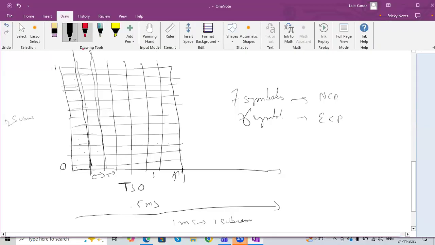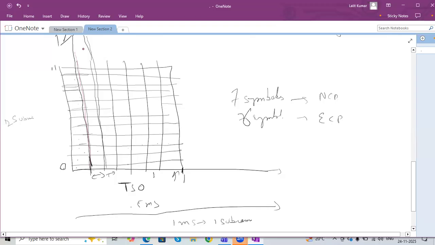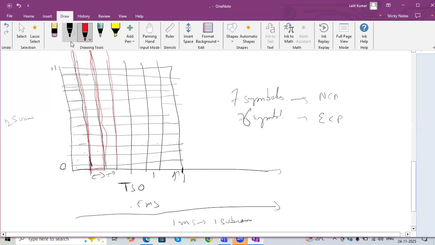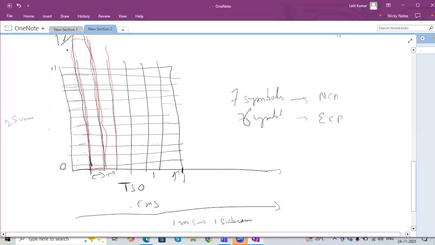Make some different color. This one vertical pillar, this is one symbol. This is the second symbol. So this symbol has nothing to do with the subcarrier. The symbol doesn't know how many subcarriers are coming on the way.